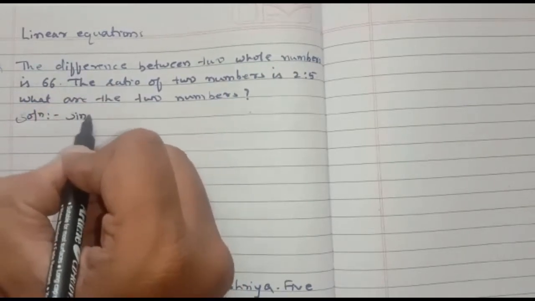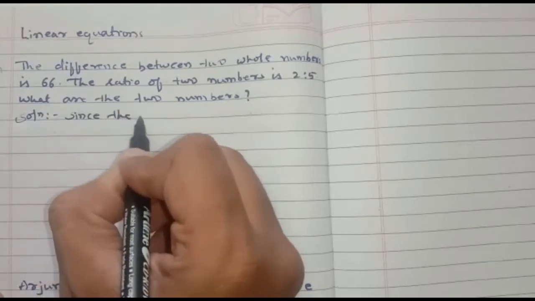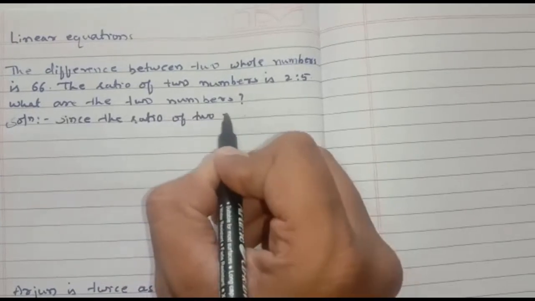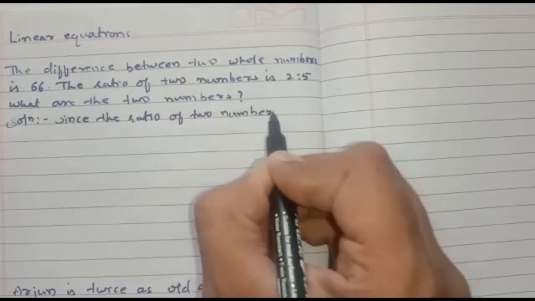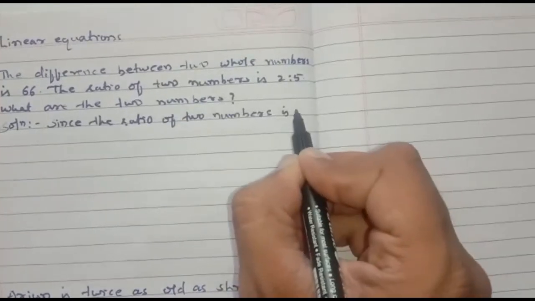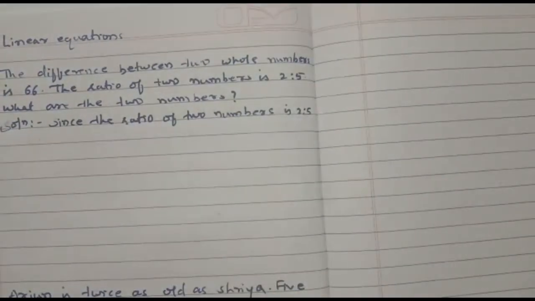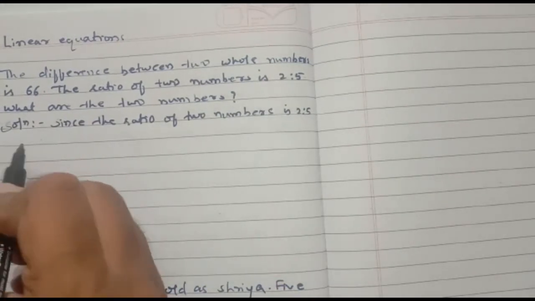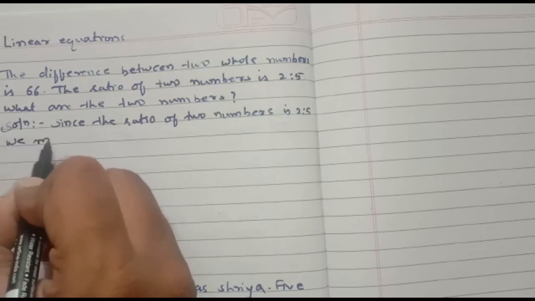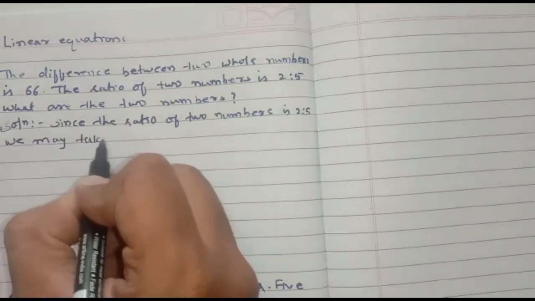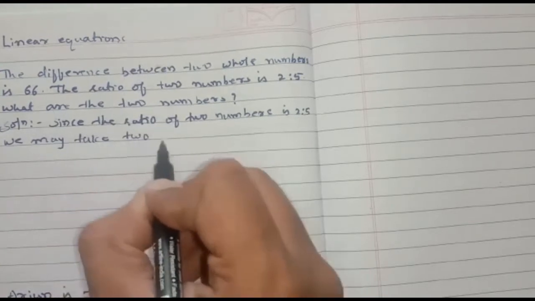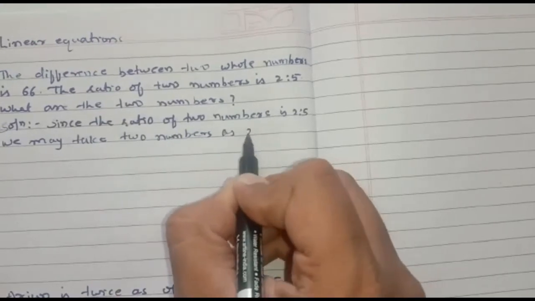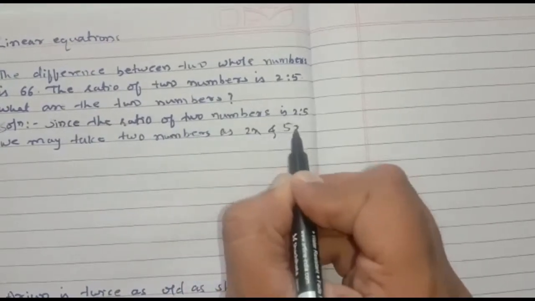Since the ratio of the two numbers is 2:5, we may take the two numbers as 2x and 5x.